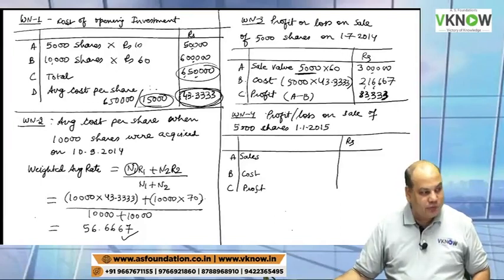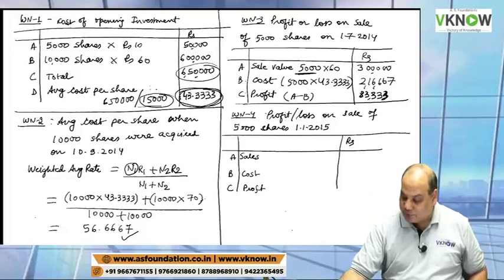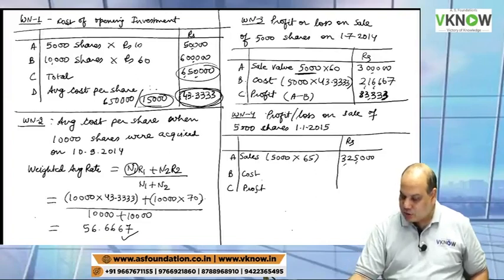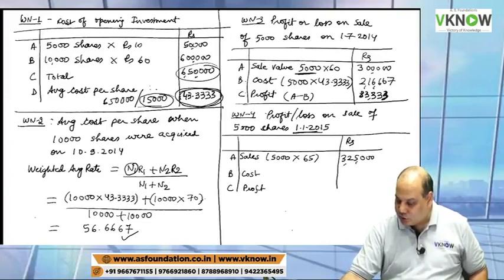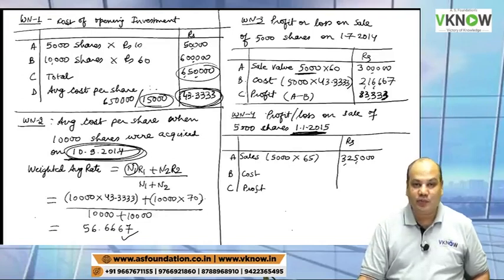So the answer is profit. 5,000 shares sold on 1/1/15 for 65 rupees, which is 3,25,000. Now these shares were sold on 1/1/2015, and before that sale you purchased 10,000 shares on 10 September.